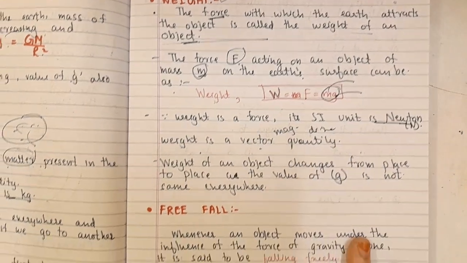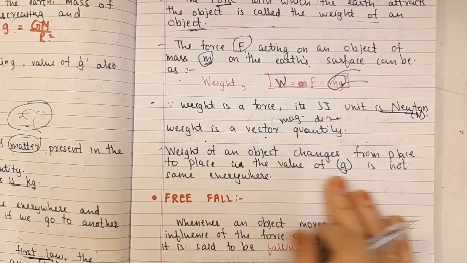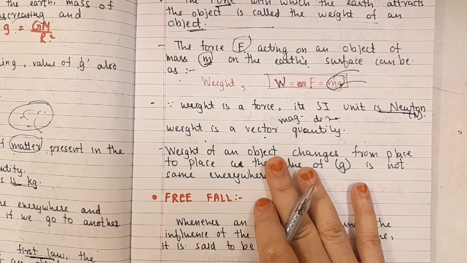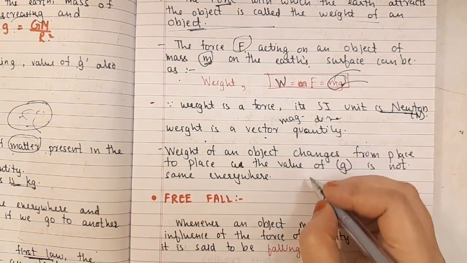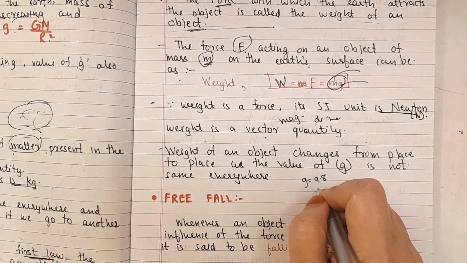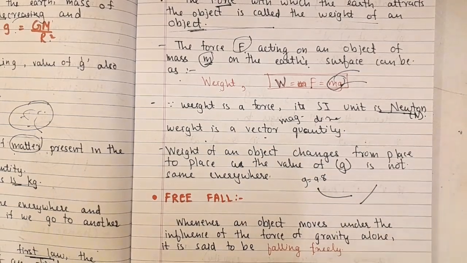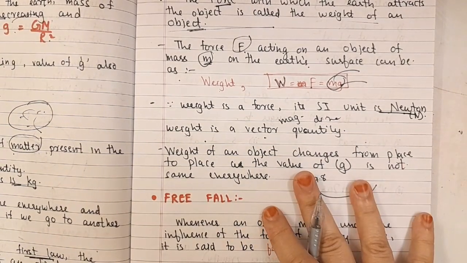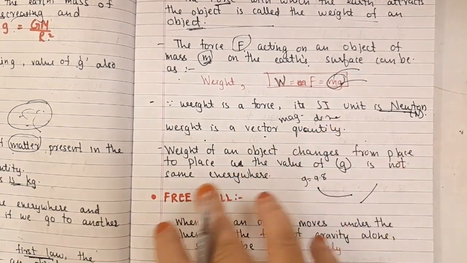Now the weight of an object changes from place to place as the value of g is not the same everywhere. That means on the surface of the earth it is different, and as we move away from the earth's surface it is different, because the value of g on the surface of the earth is 9.8, and as we move to depth or to a certain height above the surface of the earth, this changes. So on a different planet the weight of an object will be different.